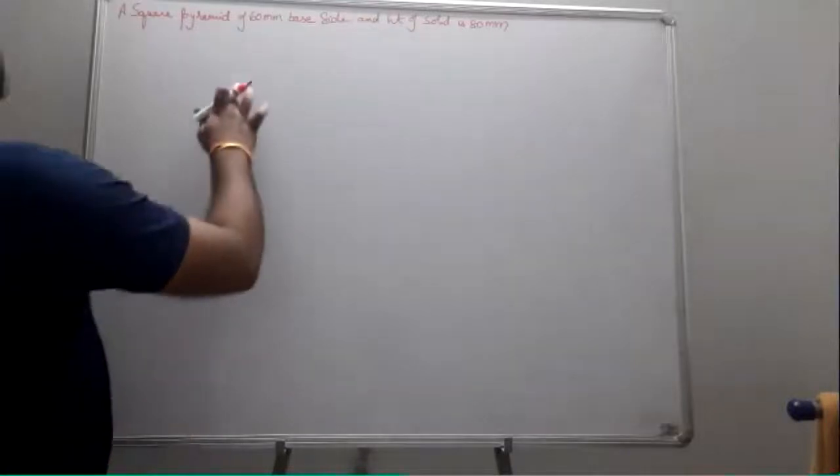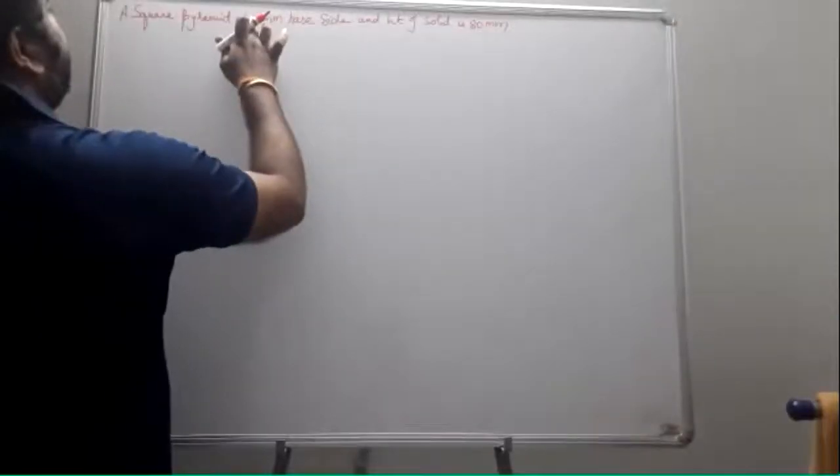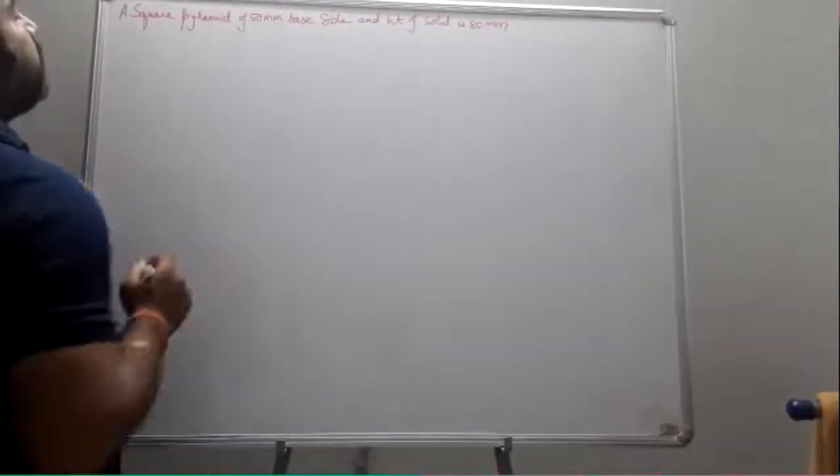So let us take it as a square pyramid of 50. 60 is very wide. Let us take it as some 50, and the height of the solid is some 80.